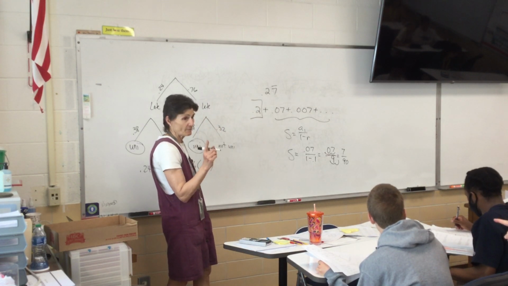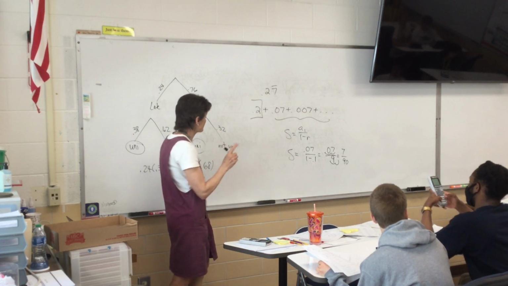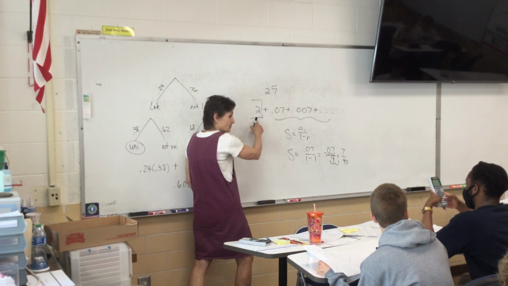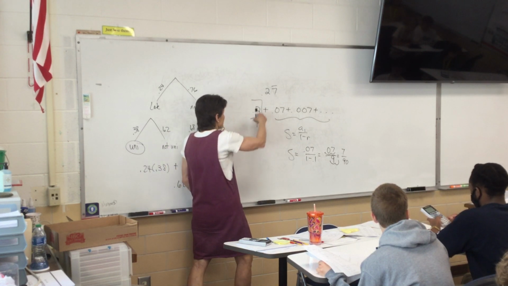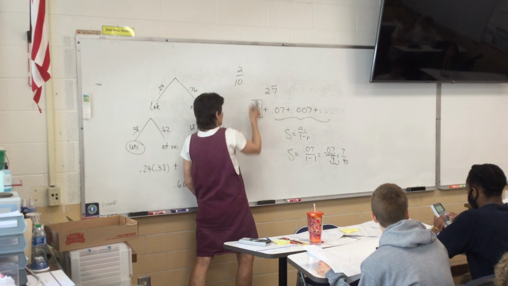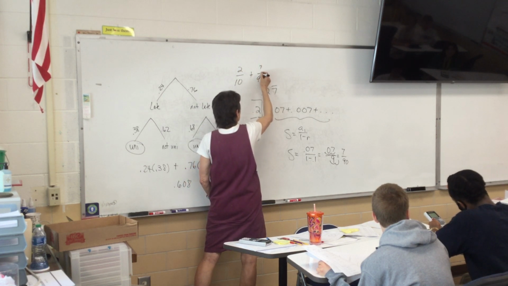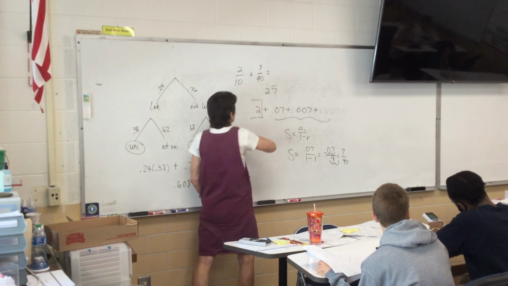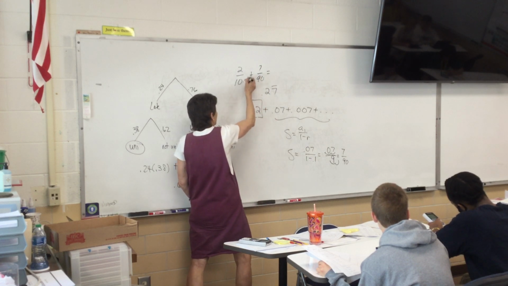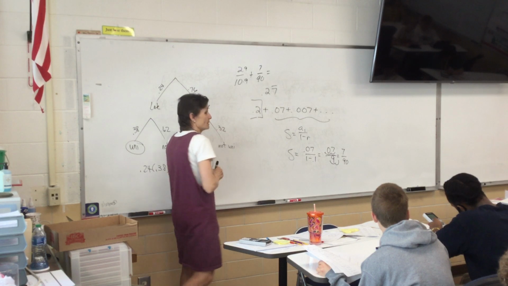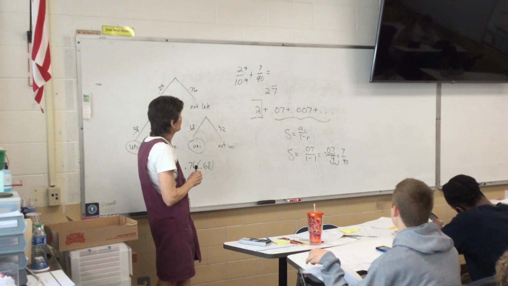Now, 7/90 isn't the answer, because remember what we did? We pulled that off. So we gotta do 2/10 plus 7/90. So it looks like our common denominator is 90.